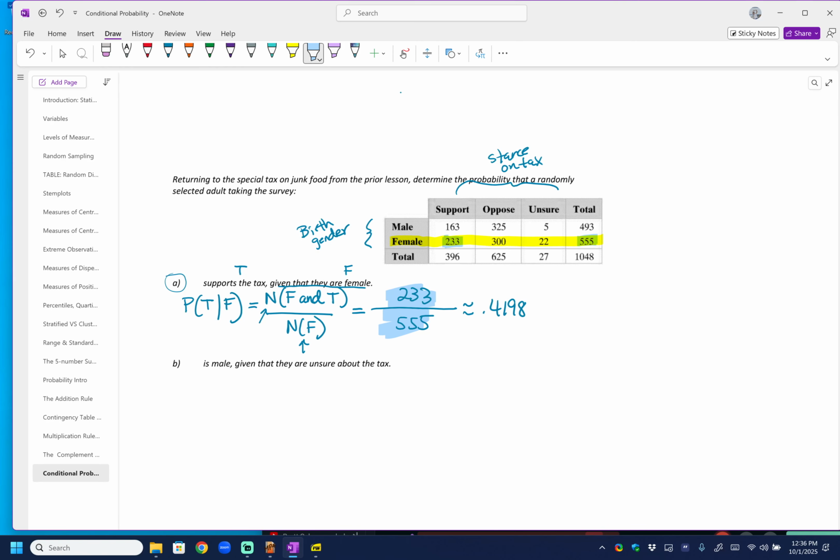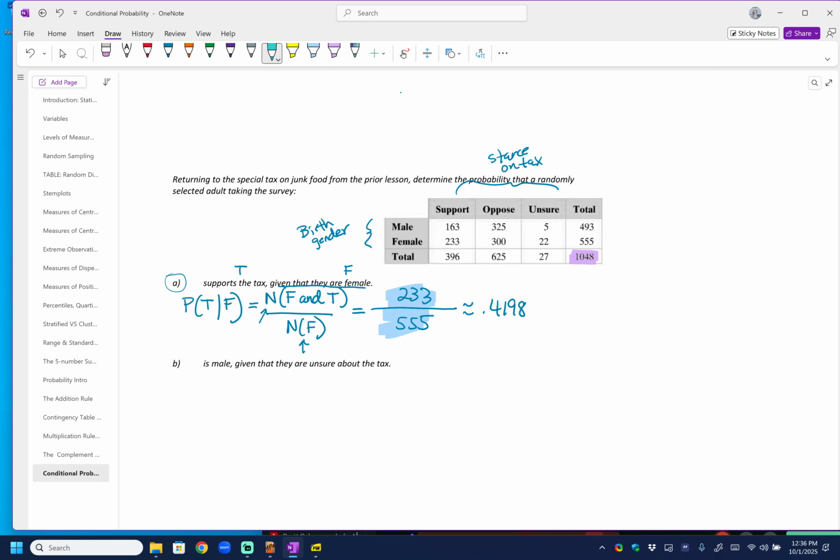Another thing worth mentioning, because we're in the world of contingency tables again here. For all of the other probabilities that you calculated, any marginal, joint, or anything with the addition rule, if you recall, the denominator was always the table total. Now take a look at this.